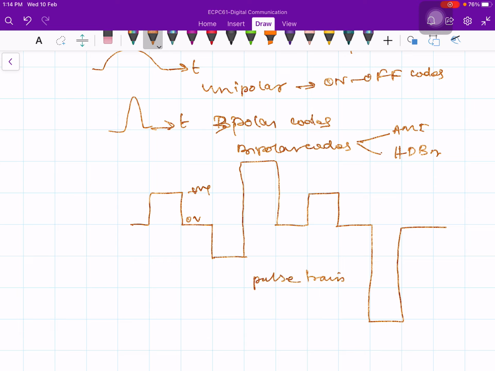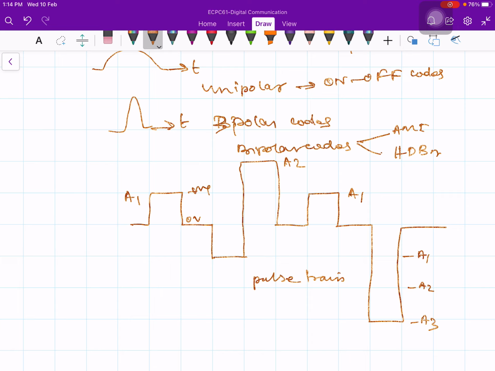Each pulse has its own amplitude. I am taking a fairly general situation where I am permitting the amplitudes to be variable, but discrete. That means multiple amplitudes. Let's say this is A1, A2, A1, and then minus A1, minus A2, minus A3, like this.